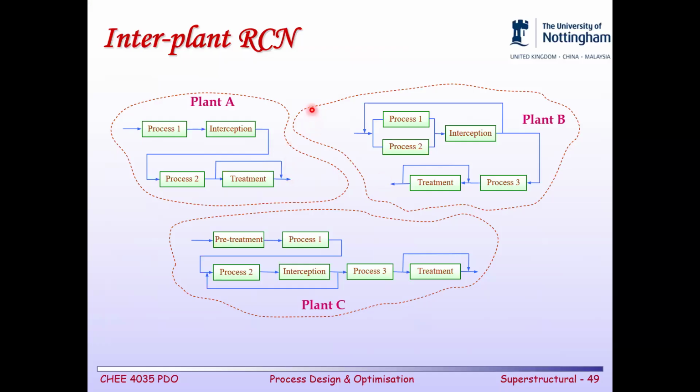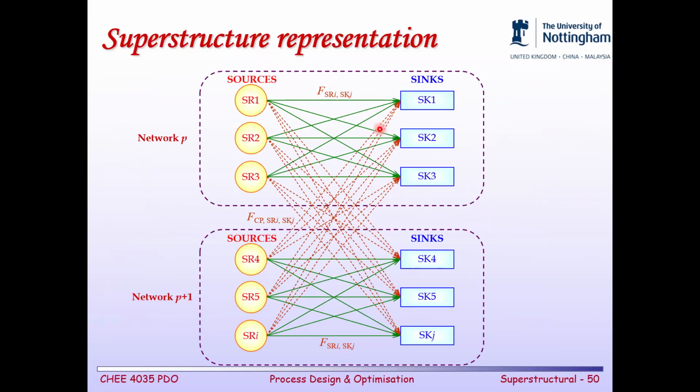Okay, for the next topic, this is not a requirement, but it's an interplant resource conversion network. It just connects one plant to the other. But I will not require you to do the exercise for this. As you can see, the superstructure network is much more complex because there's another plant.